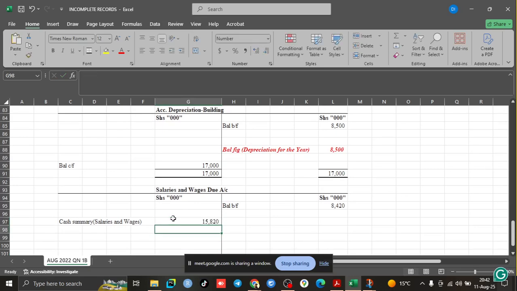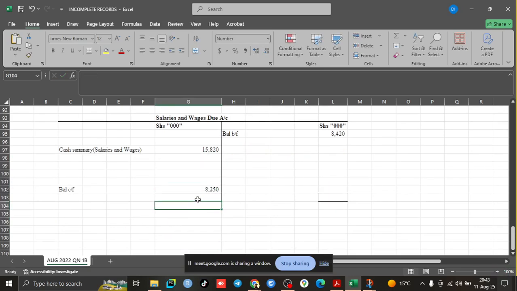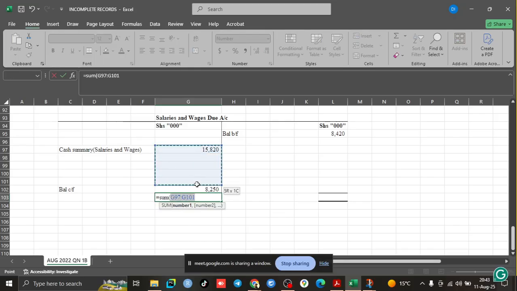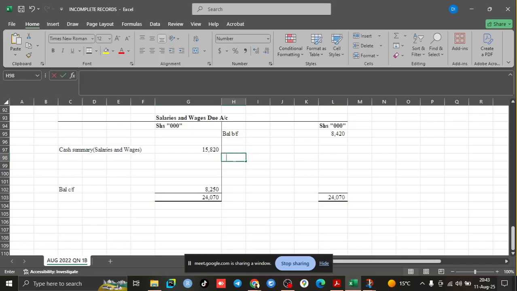15,820. So this side iko greater definitely. 24070. So balancing figure is what tunapeleka kwa the statement of profit or loss.